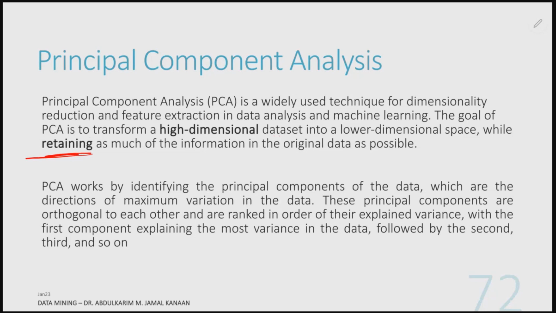PCA works by identifying what's called the principal components of the data, which are directions of maximum variation in the data. These principal components are orthogonal to each other and are ranked in order of their explained variance, with the first component explaining the most variance. What does this mean? When you apply PCA, let's say you got component 1 and component 2.